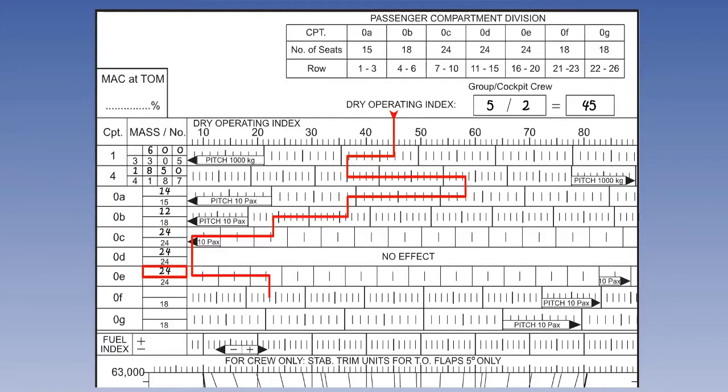In compartment OE, enter 24 and from the vertical line move right 2.4 units and drop a vertical line down to the box below. And in box OF, enter 16, then move right 16 units and drop a vertical line down to the box below.